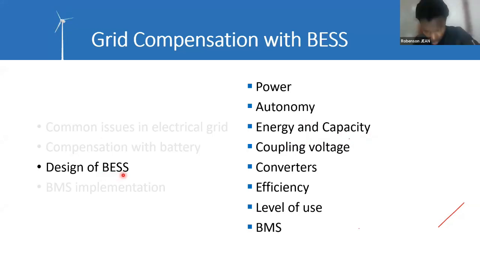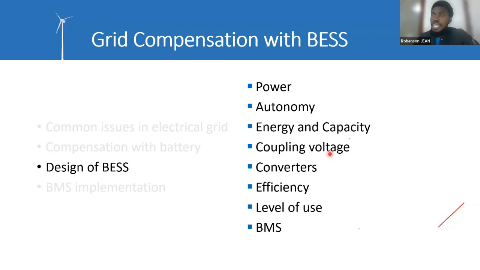Because in order to design the system in terms of capacity, we have to take into account the converters, the efficiency of the system. So also we have to take into account the coupling voltage. So we will know the type of the battery that we will use.